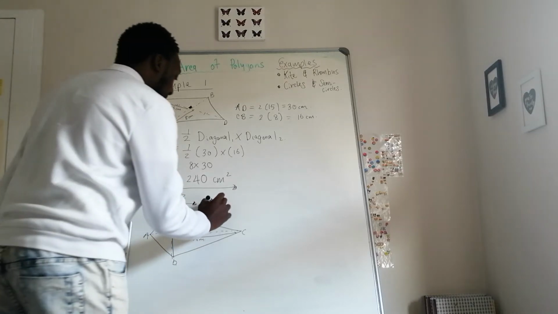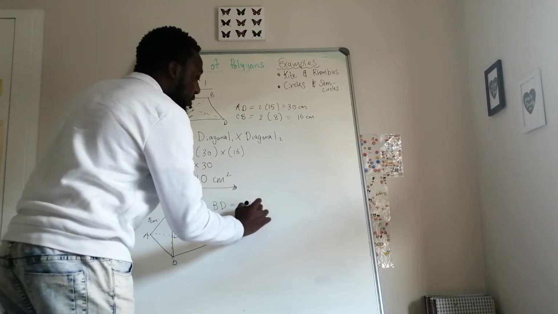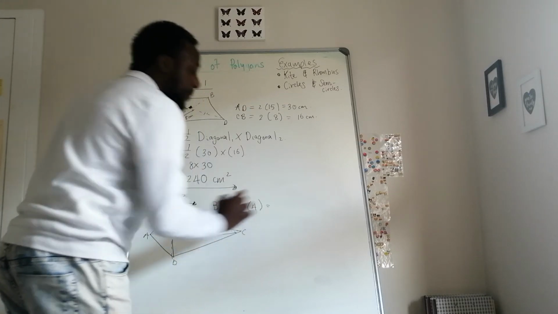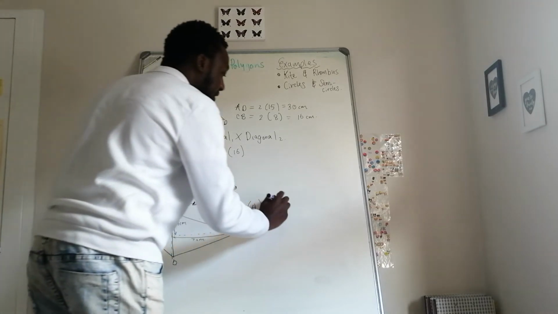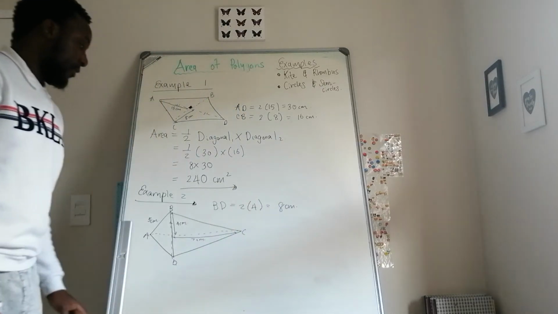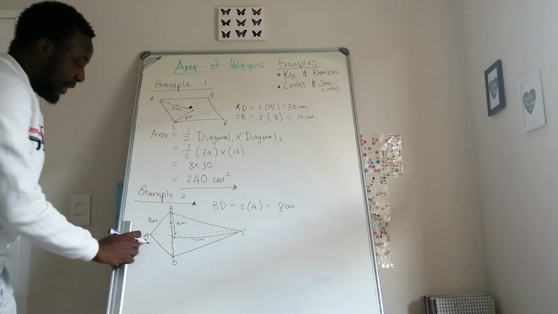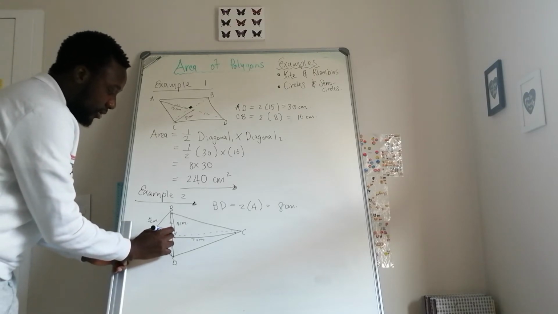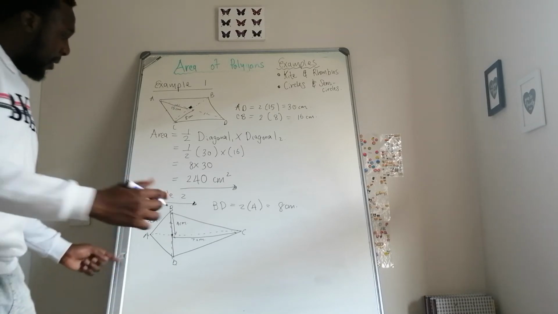So diagonal BD is just twice 4 centimeters. The 4 centimeters I'm giving up there, twice 4 centimeters is just 8 centimeters, right? But how are we going to find the distance from A right until here, the middle? How are we going to find it? Think about it for a second.